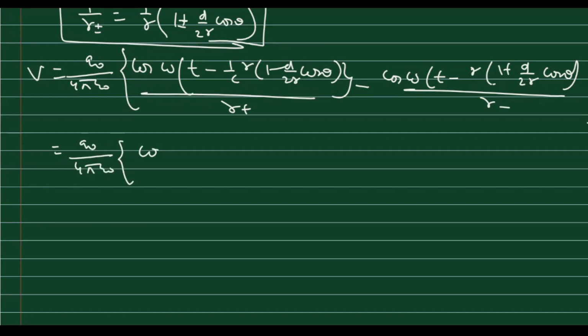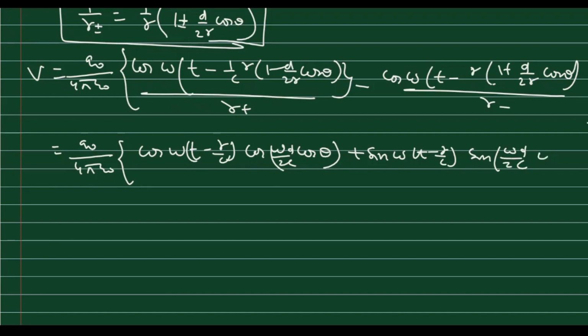Now cos omega t minus r upon c, cos omega d by 2c cos of theta, plus sine of omega t minus r by c into sine of omega d by 2c cos of theta. So here what we have done, this is equation second we are calling. 1 upon r term we have taken outside, so this is 1 upon r. Now we are putting the formula of cos a plus b, cos a minus b. Very simple, like you know, cos a plus b will be cos a cos b minus sine a sine b.